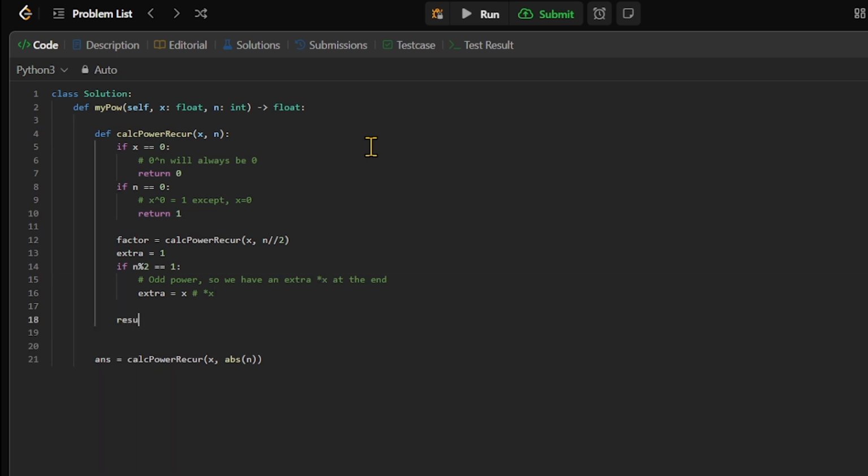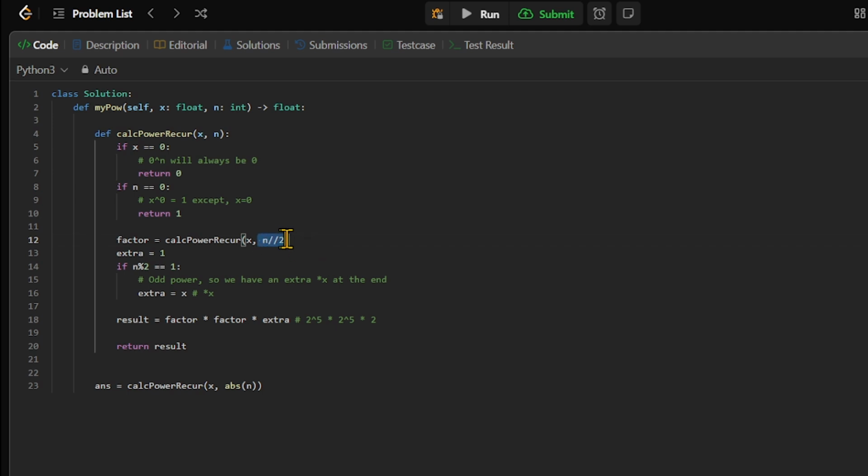And our result again is the factor times factor times extra. Remember when we did the 2 to the power 5 times 2 to the power 5 times 2. And return result. So this function is recursively breaking down this 11 into subproblems.